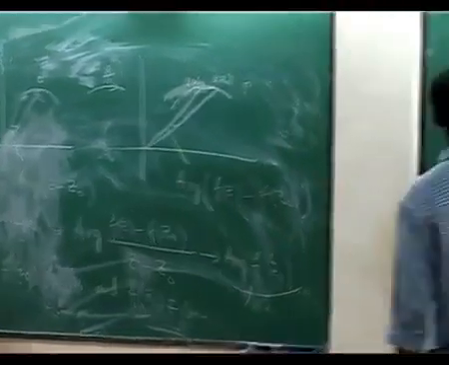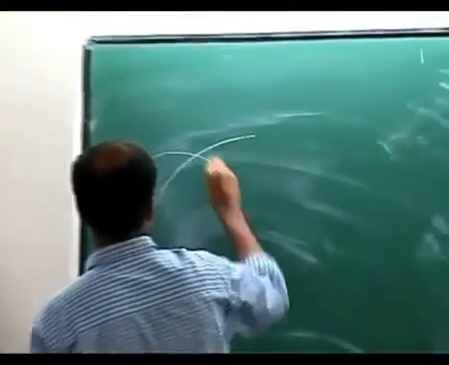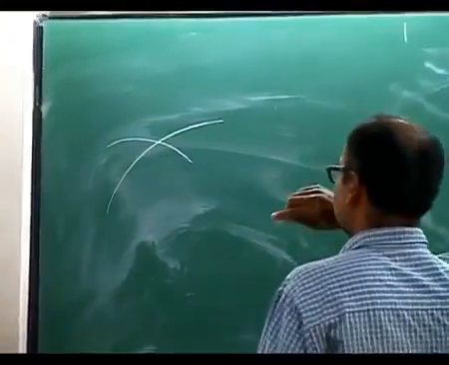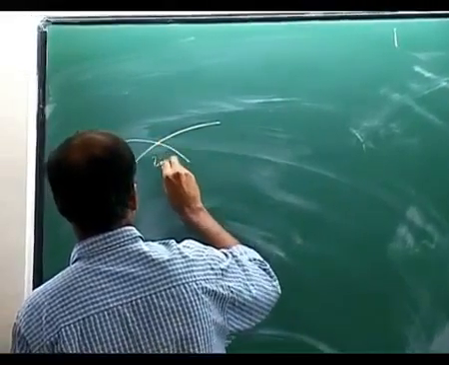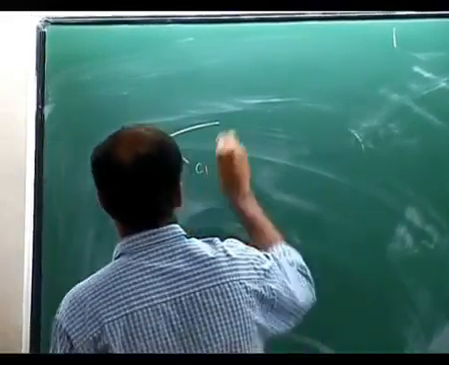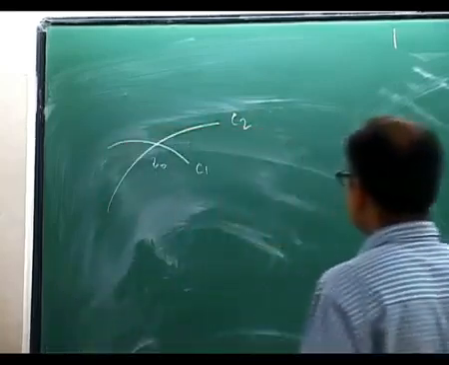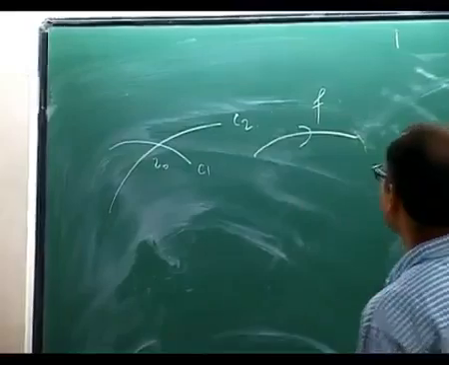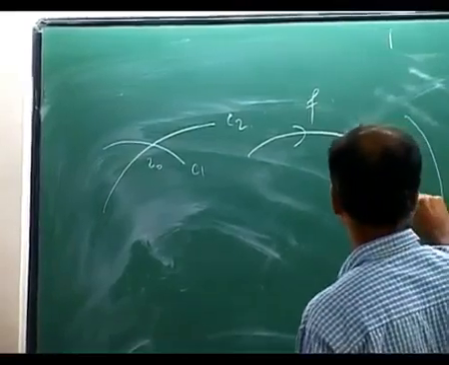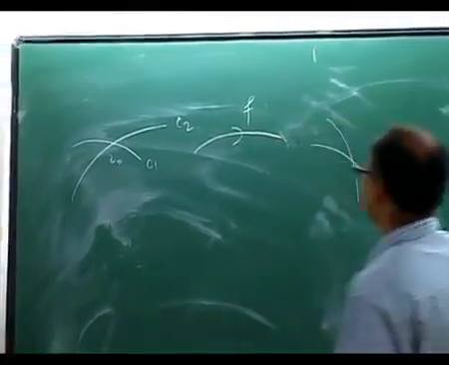So if you take two curves, and their meeting point is some z naught, C1 and C2. When you apply this f, then both the curves will move. Certainly both the curves will move.